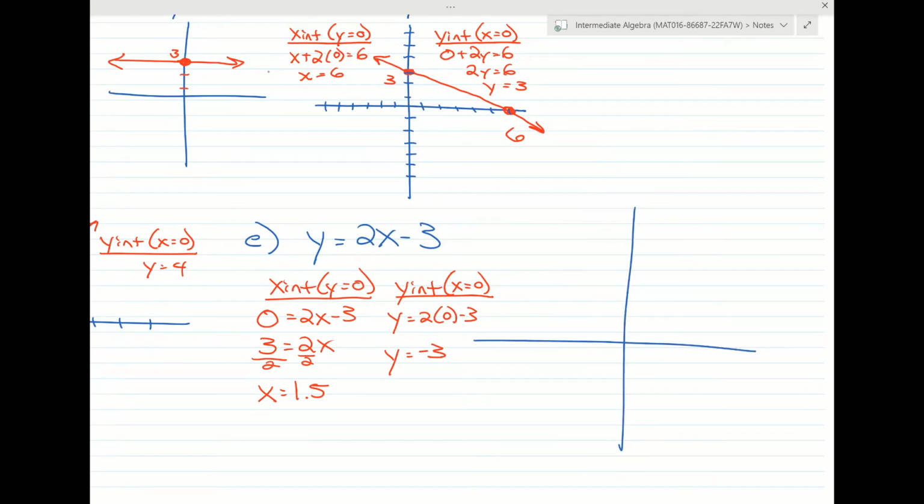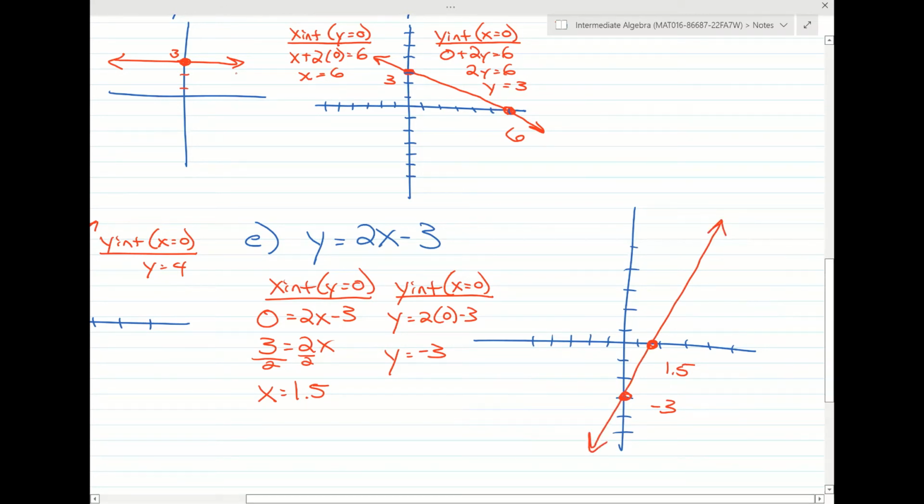Now we graph it. The x-intercept is 1.5. The y-intercept is -3. The line would look like this.